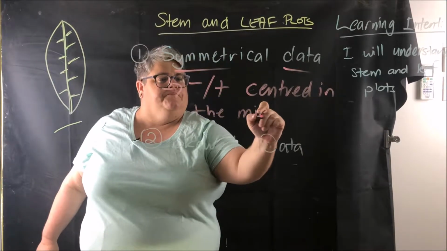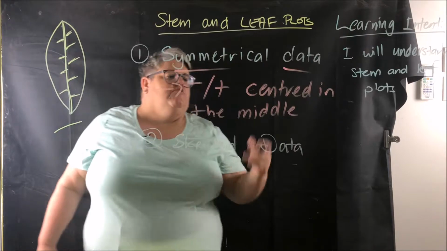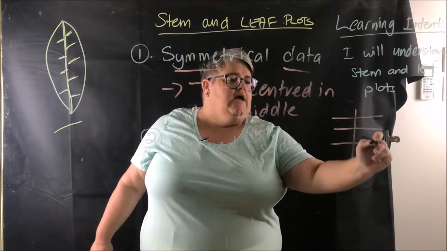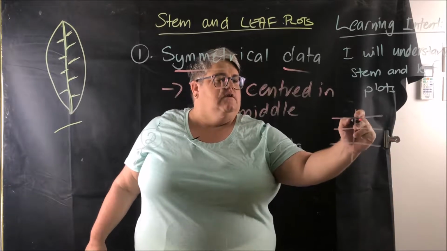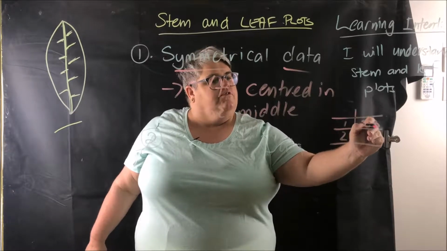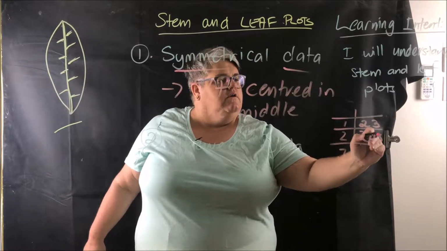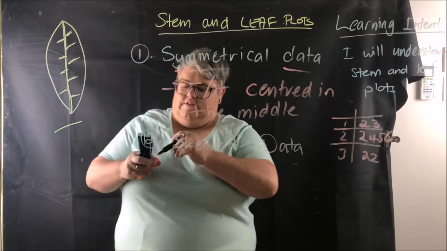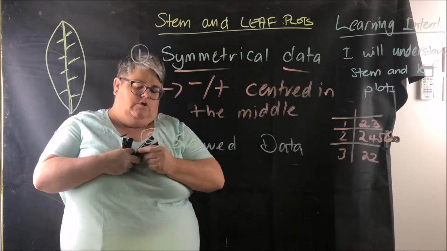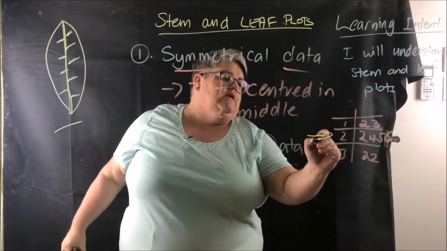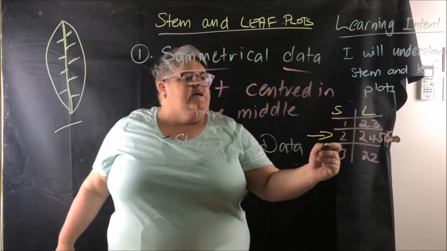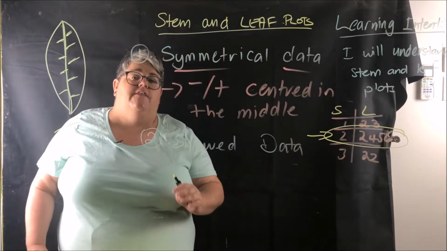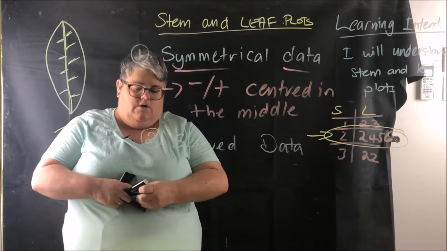So if we were looking at our stem, and we had some numbers here, we had 2, 3, you can see that this stem and our leaf here is more or less in the middle. So we would say that was symmetrical.